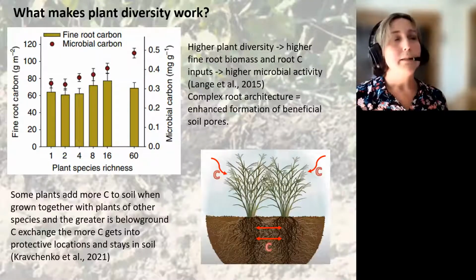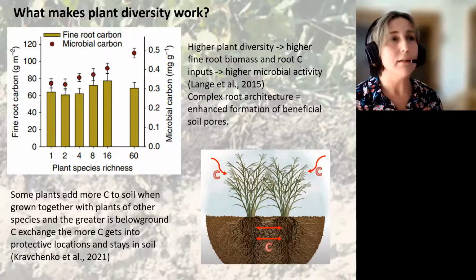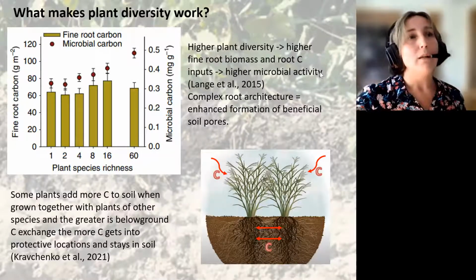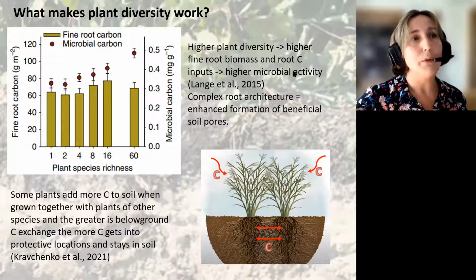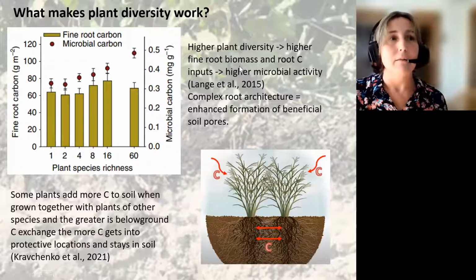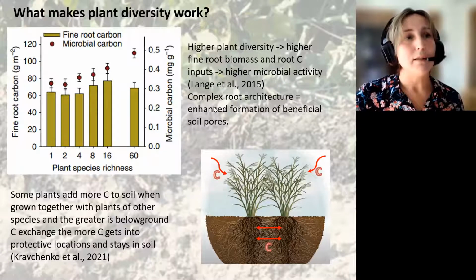So why does higher plant diversity work for increasing carbon storage? Well, it means higher fine root biomass and higher carbon inputs. And the higher those are, and the more diverse those inputs are, the higher the microbial activity, and the more diverse the microorganisms living there.